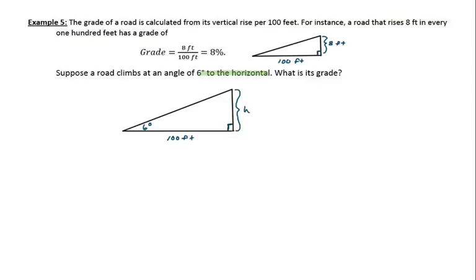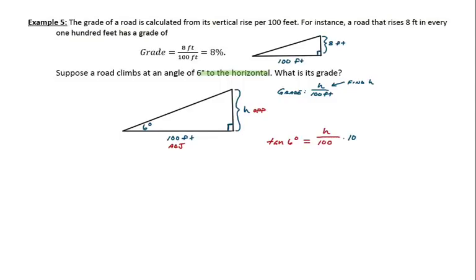So I'm just going to call that h. If I can find that height, then I can divide that height by 100, and that'll tell me the grade. So what I have here is an angle of 6 degrees, and I have the opposite side and the adjacent side. So again, the grade is going to be h over 100 feet. I just need to find h in this situation using a 6-degree angle. So the trig function that I'm going to use is tangent, because I have the opposite side and the adjacent side.